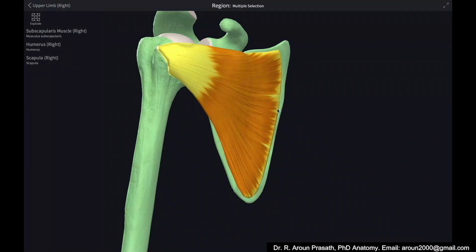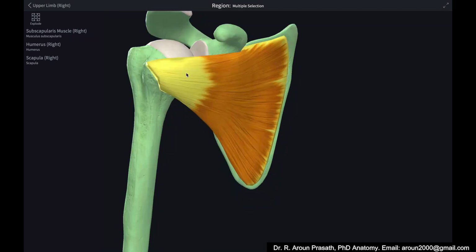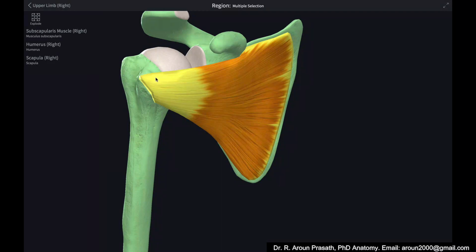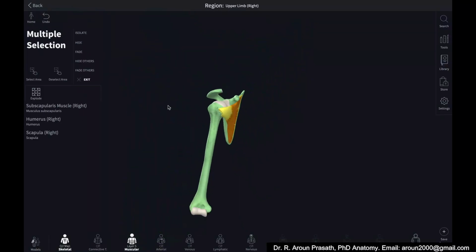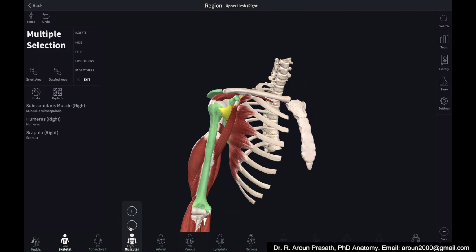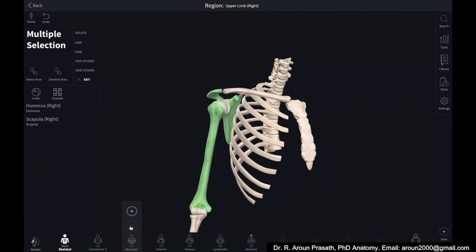You see, this is the origin zone of the subscapularis muscle. The origin zone of a muscle will always be noted in red color, and the insertion zone, the point where the muscle inserts and where the movement takes place, is noted in blue color. If this muscle contracts, the humerus will turn medially, giving medial rotation. This is what you have to understand about the color codings on the muscles and the bones.